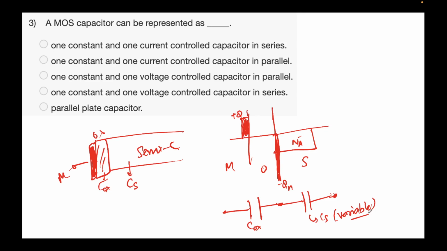So a complex device like a MOS capacitor can be modeled just by a very simple two capacitances in series. This is a very handy tool when you actually want to analyze it, put it in some circuit, let's say some RC circuit. You can use this if some problem appears.